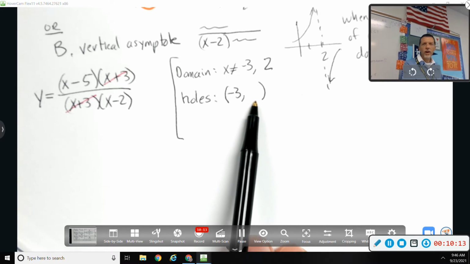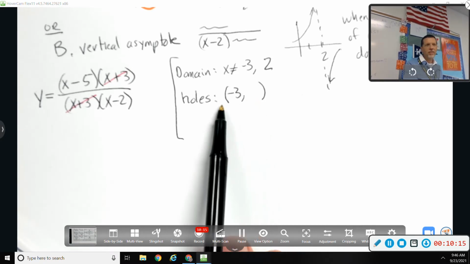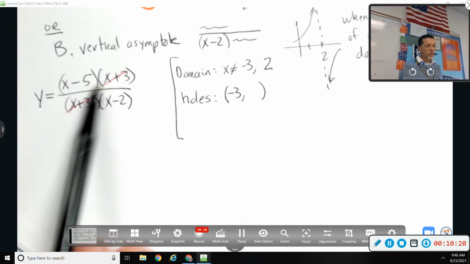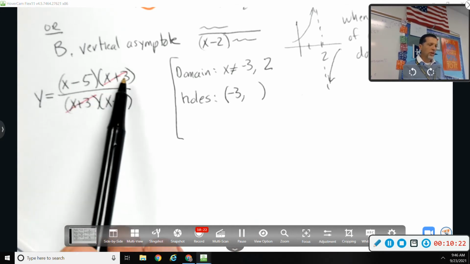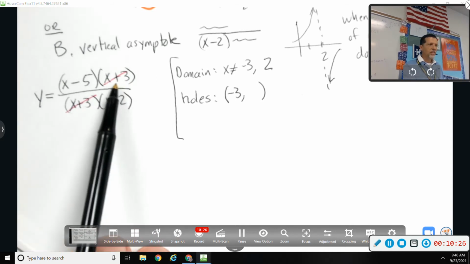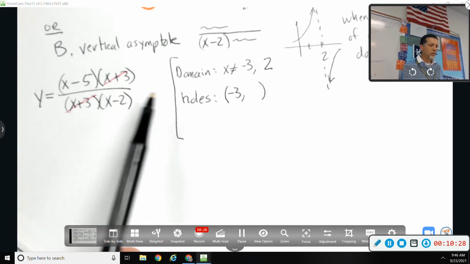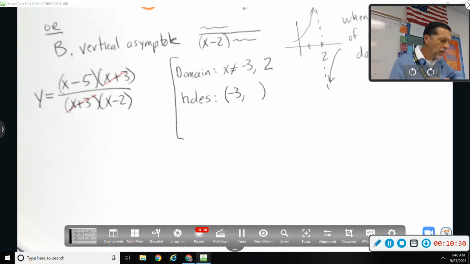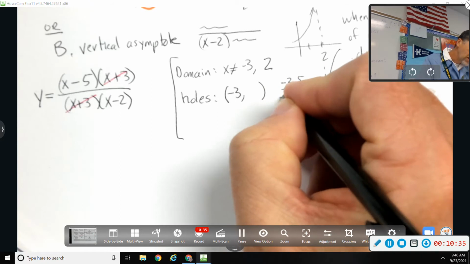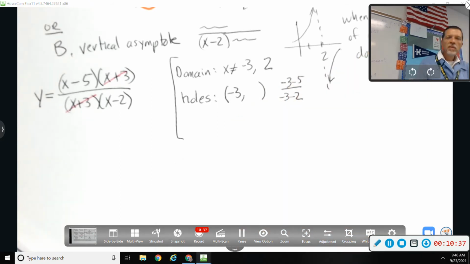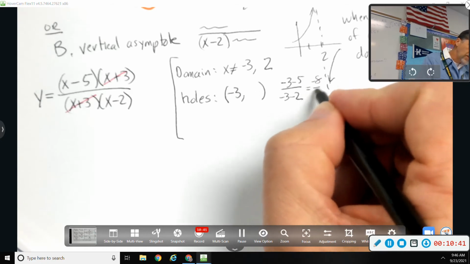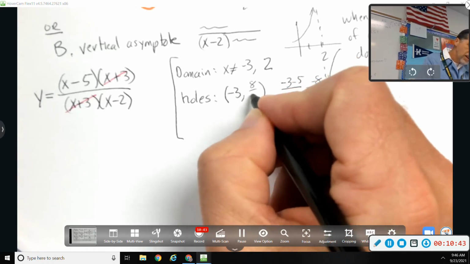How do I find the y-coordinate if I know the x-coordinate? Plug it in. I better plug it into the reduced form, though, because if I plug it in before we reduce, you get 0 over 0, which we don't really know what to do with. So after we cancel, then we can plug in -3 to what's left. That'd be -8 over -5, 8/5.